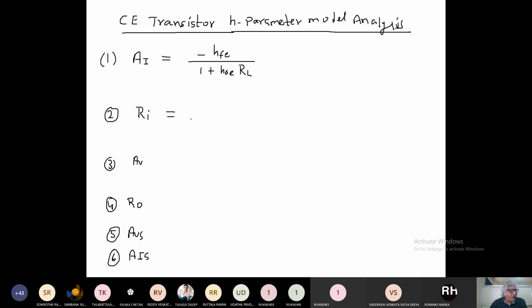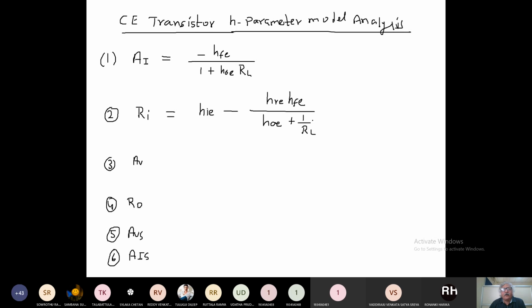Now for RI in common emitter, the input resistance, you will get HIE minus HRE HFE divided by HOE plus 1 by RL.